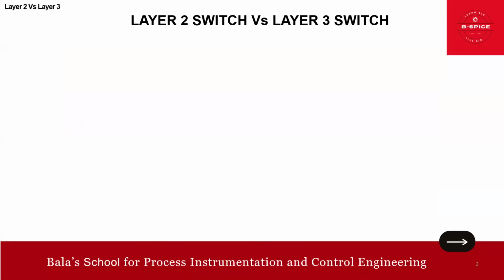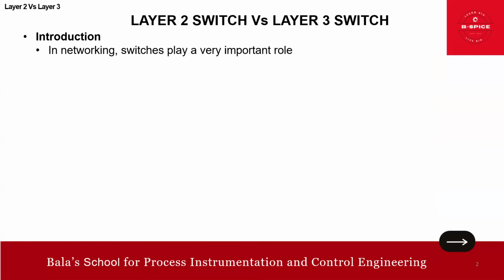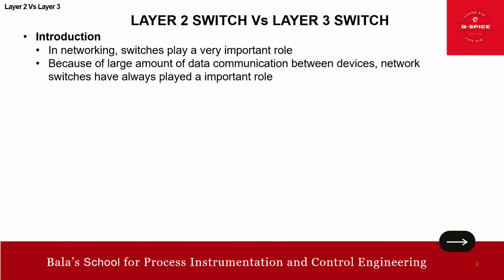Layer 2 switch versus Layer 3 switch. Intro. In networking, switches play an important role, right? Because of a large amount of data communication between devices, network switches have always played an important role.